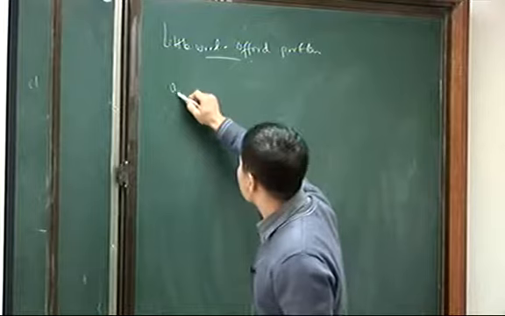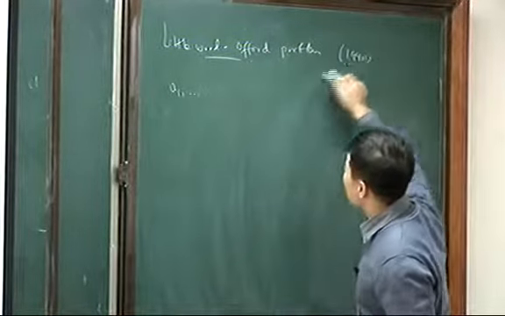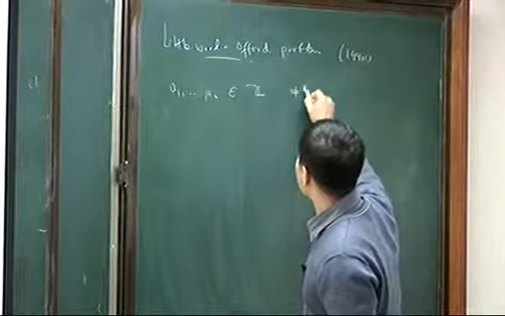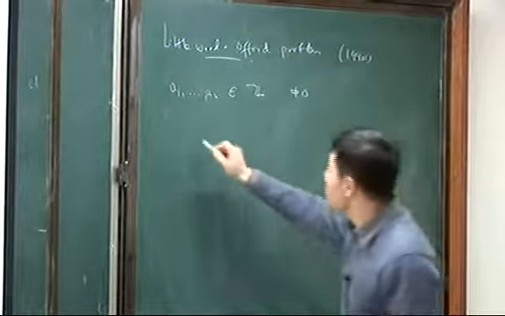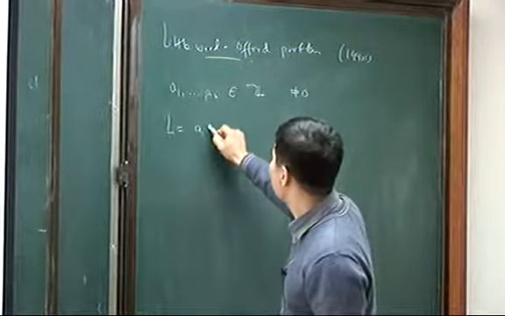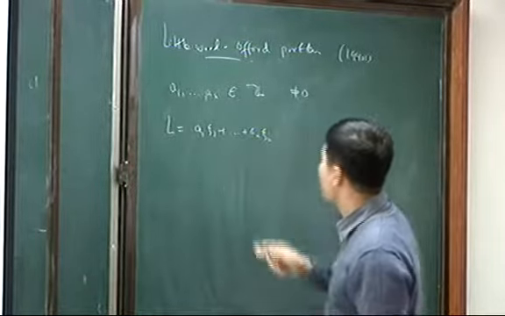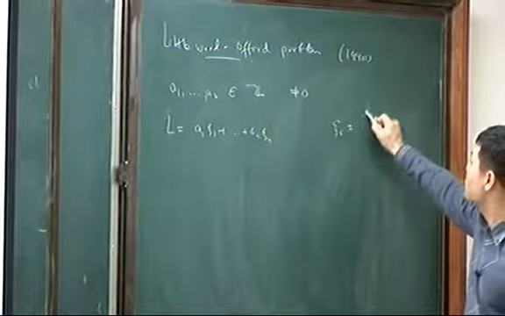The problem of Littlewood and Oxford from the 1940s is the following. One version is: you have non-zero integers, and you consider the linear form a_1 c_1 plus up to a_n c_n, where the c_i are just these coefficients.